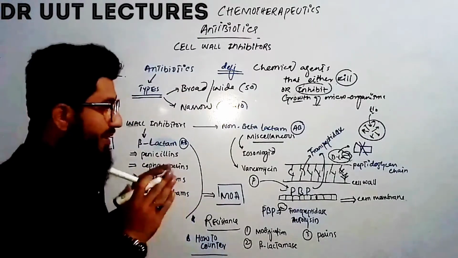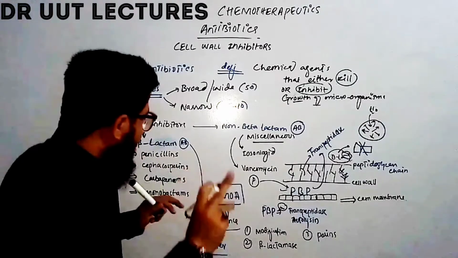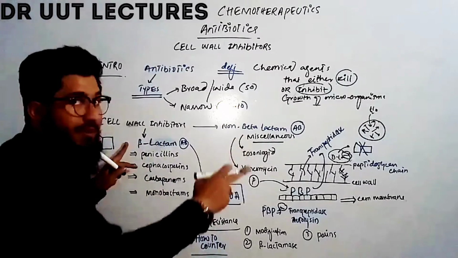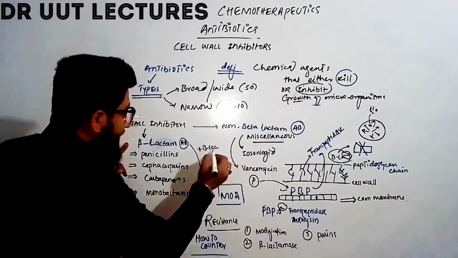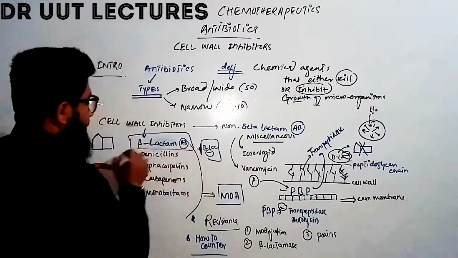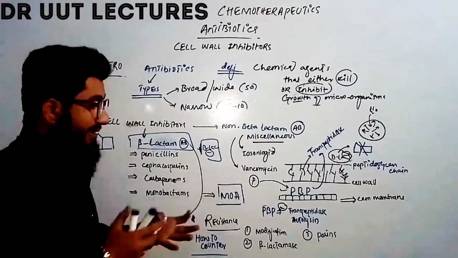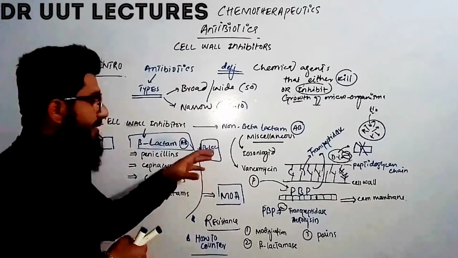So we will be giving the beta-lactam antibiotic plus a beta-lactamase inhibitor as therapy if the bacterium has developed resistance. The beta-lactam will show its action in the presence of the beta-lactamase inhibitors.